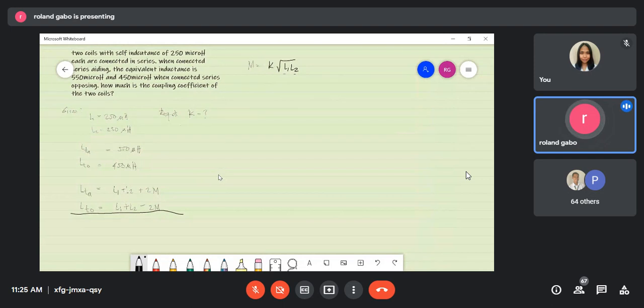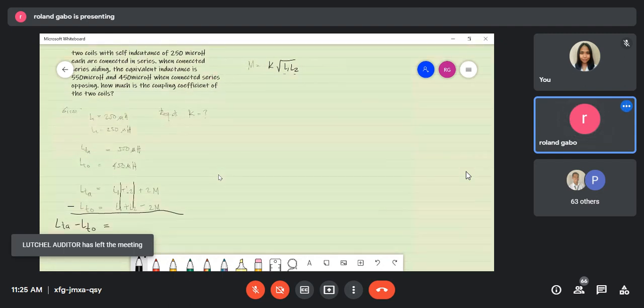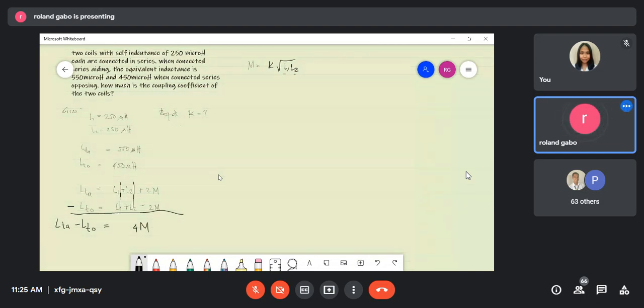So what magbuhaton is to subtract this one. Okay, trying to subtract. So pick a side sa equation. You have your L T aiding minus L T opposing is equals to L1 is cancelled, L2 is cancelled. This is now 4M. Okay? So minus mo na siya. So minus times minus, positive. So 2 plus 2, 4M.